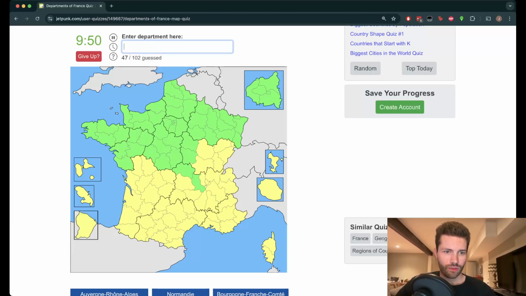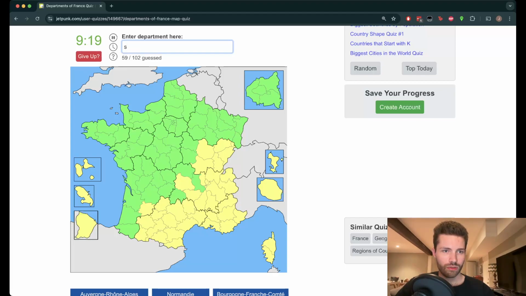Vendée, Deux-Sèvres, Vienne, Haute-Vienne, Dordogne, Charente, Charente-Maritime, Corrèze, Creuse, accepted Creuse for some reason, Cantal, Gironde, Landes, Pyrénées-Atlantiques, and what's that little one called?